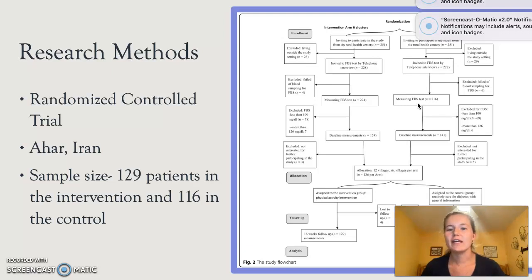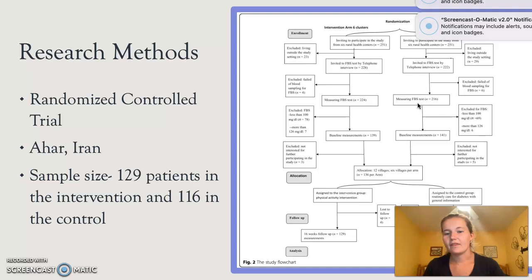So real briefly, they invited people to this study from 6 rural health centers. They had to do a fasting blood sugar test, and they excluded people who either did not do that test or their measurements were outside of the range. Then they looked at baseline measurements and excluded people that no longer wanted to be part of the study.